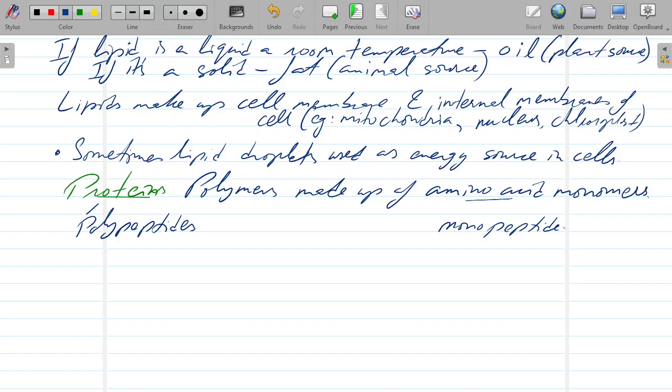Now, proteins play a very important part in an organism because they are present pretty much everywhere, right? So enzymes, all enzymes are proteins, a lot of hormones are proteins. You've got proteins in the cell membrane, right?